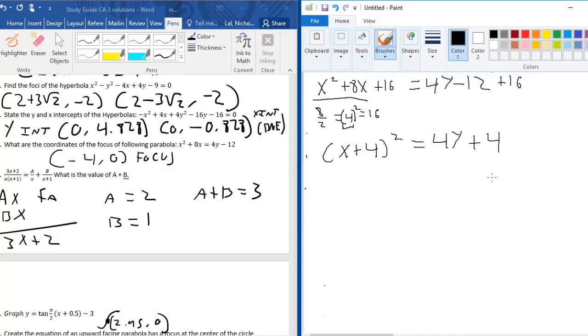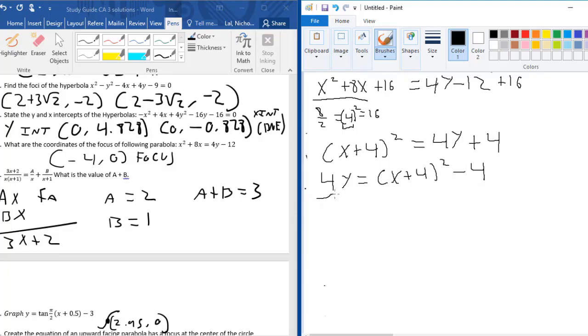Now, I'm trying to solve for y, so I subtract 4 from each side, and I will have 4y is equal to x plus 4 squared minus 4.